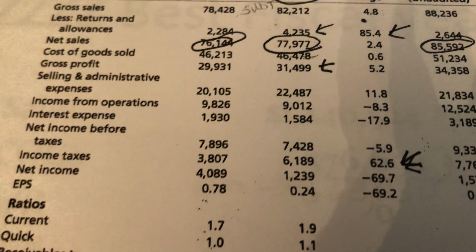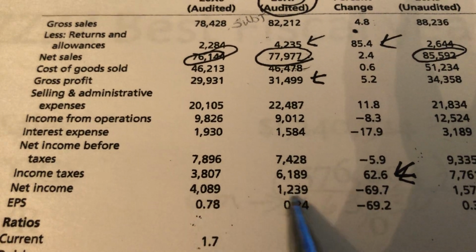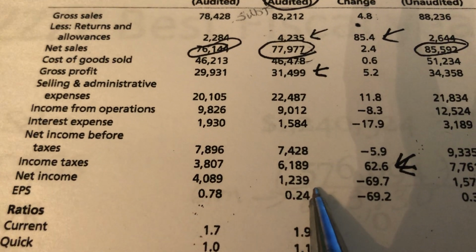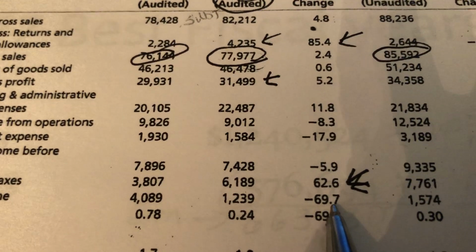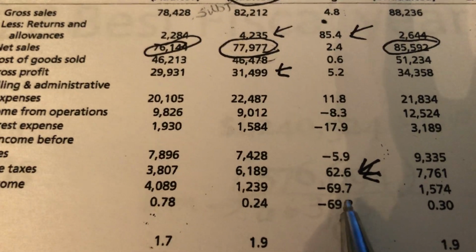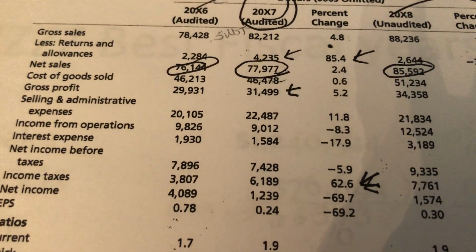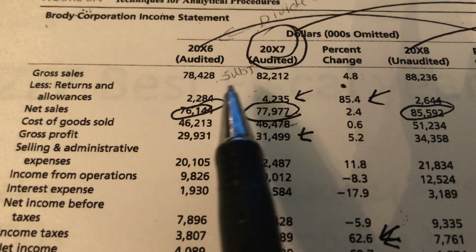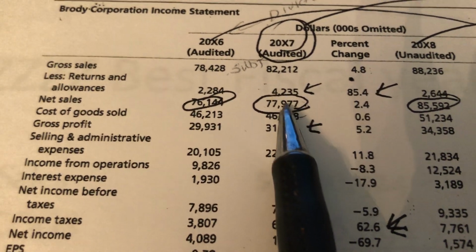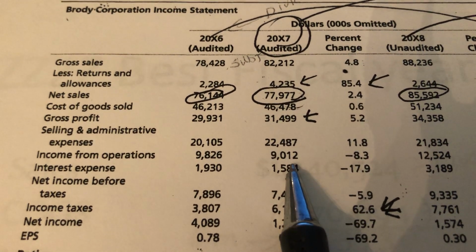Investigate that, okay? Again, net income actually went down from one year to the next. You can see, okay? But the percentage change was almost a negative 70%. That's troubling. You need to investigate that and see what happened. What numbers here? Was it that the sales didn't increase enough? They did increase, but you've got a big increase in some of these expenses.